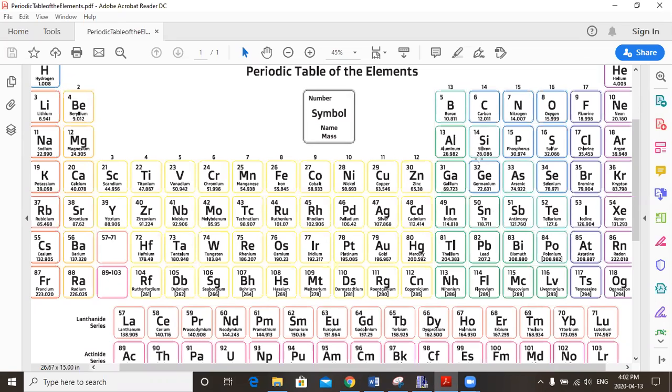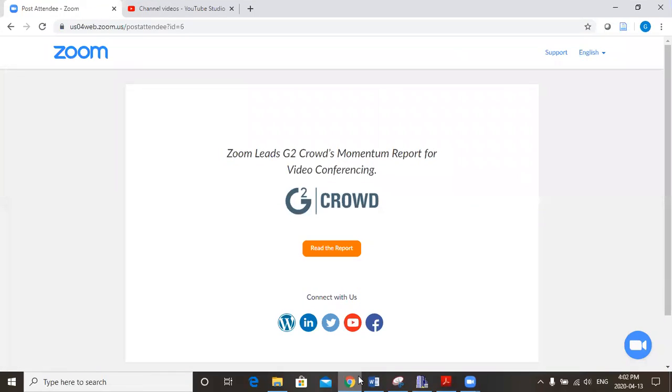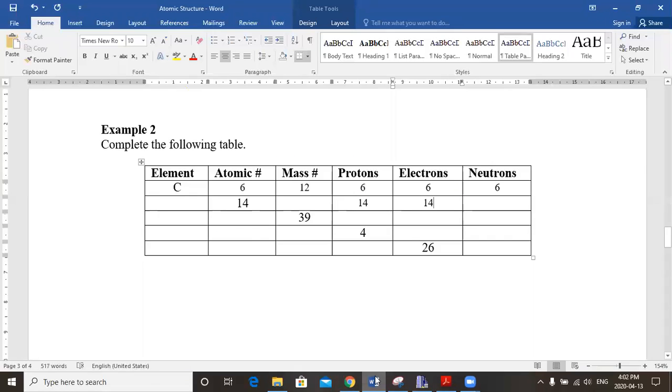So that rounds to 28 for the mass number. Silicon, mass number is 28. So 28 minus 14 would be 14 neutrons for silicon.